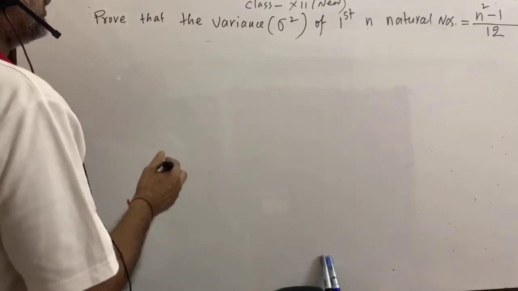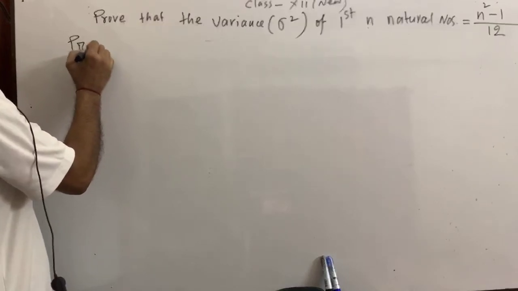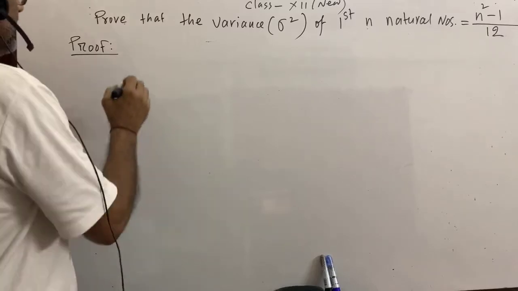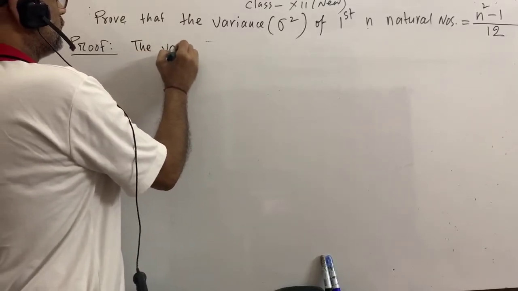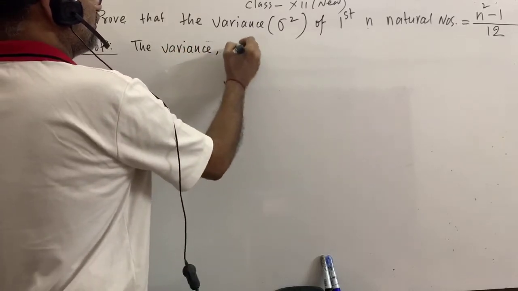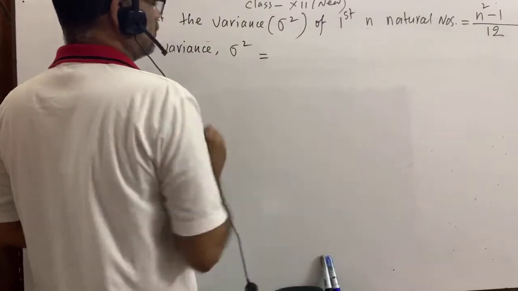Why do we know the variance? Write down the proof. What do we know about the variance? The variance, sigma square, is equal to, what is the formula?